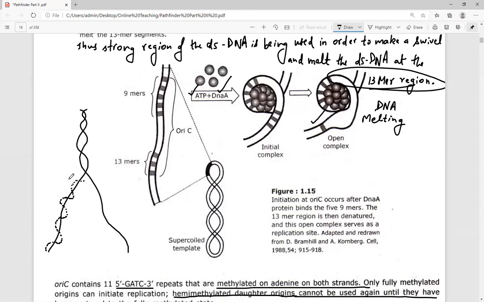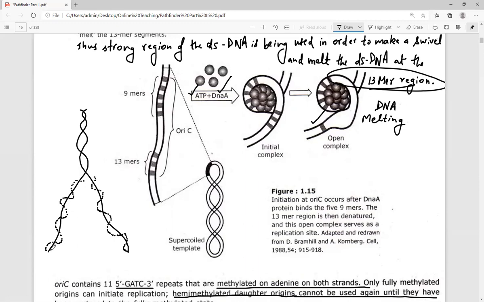But the new DNA molecule that has been biosynthesized will be hemimethylated, whereas the old DNA molecule will be fully methylated. The old DNA molecule will be fully methylated and the new DNA molecule will be partially methylated only.